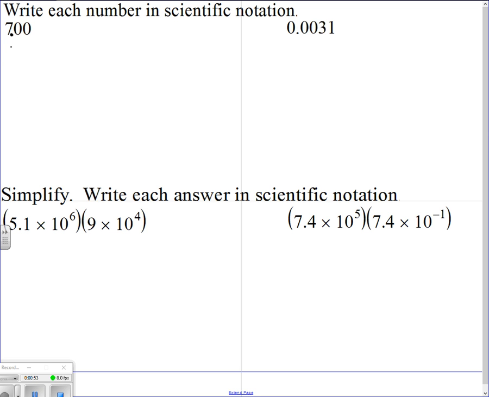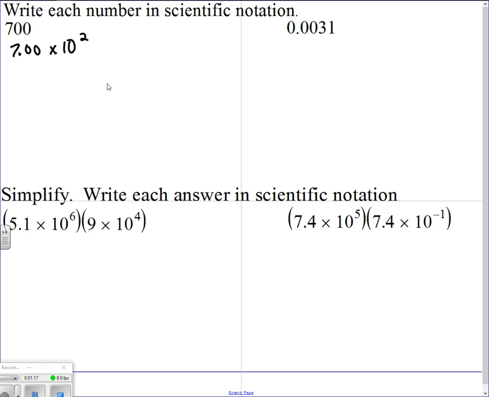So the answer will be 7.00 times 10 to the... Now tell a person how to make this number, the number 7.00, become the original number. So if I want this number to become 700, I need to move it to the right two places.